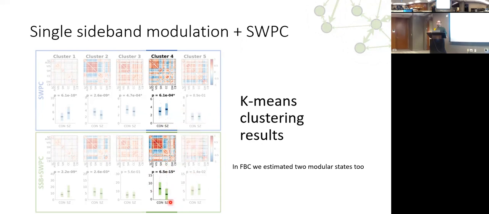This is very similar to the bandpass connectivity pattern that we saw in filter bank connectivity. This one is a little different from this. If you look at it, the modularity is different. That's why there are 2 different clusters, right? And so we expect to see something like that based on literature, our own work, and other works that use other methods. We use wavelet, for example, and we see that too. But this kind of pattern is less reported.